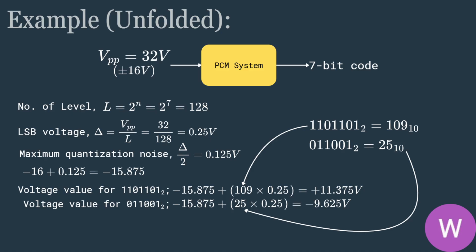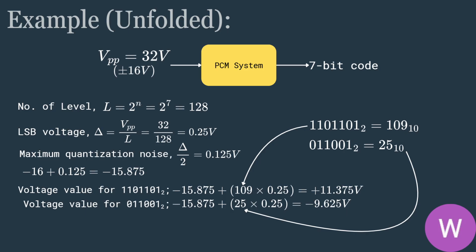For 1101101 the decimal value is 109. So X is 109, multiplied by 0.25, the quantization interval, and we get 11.375. So the voltage value for the 7-bit code 1101101 is 11.375.